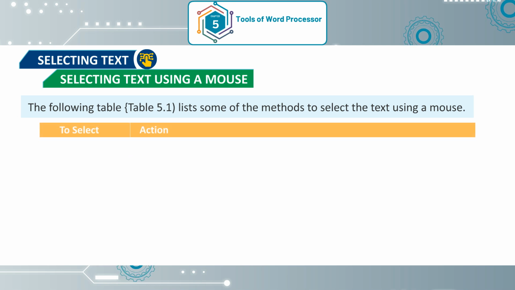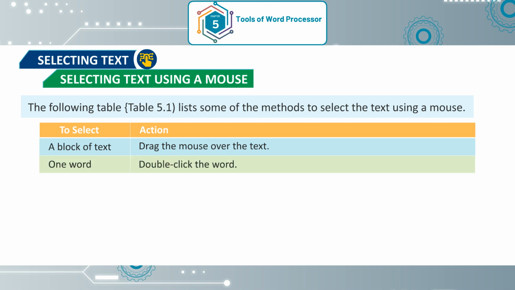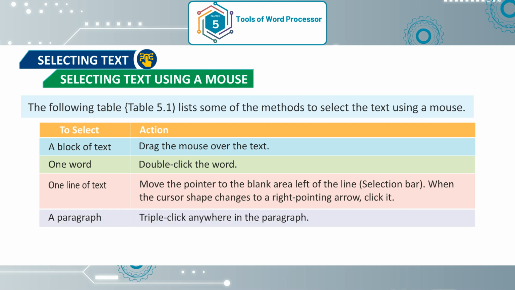To select a block of text, drag the mouse over the text. One word: double-click the word. One line of text: move the pointer to the blank area left of the line, the selection bar. When the cursor shape changes to a right-pointing arrow, click it. A paragraph: triple-click anywhere in the paragraph.